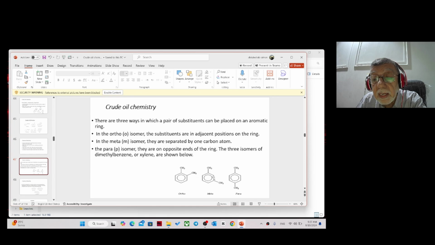If one carbon separates these two groups, it is called metaxylene. And if they are opposite, like this structure, it is called paraxylene. Each one is different in physical and chemical properties.